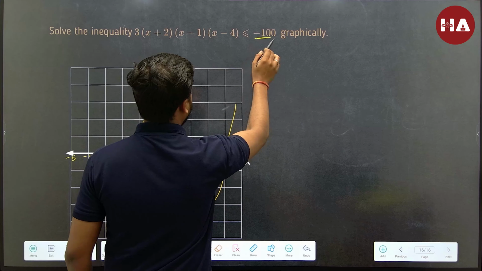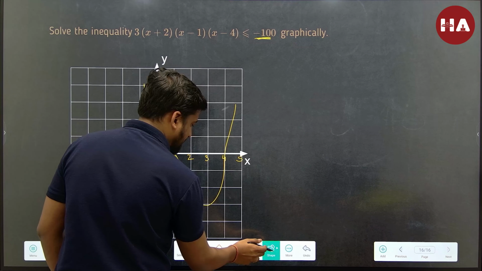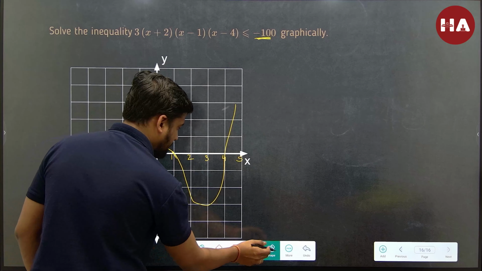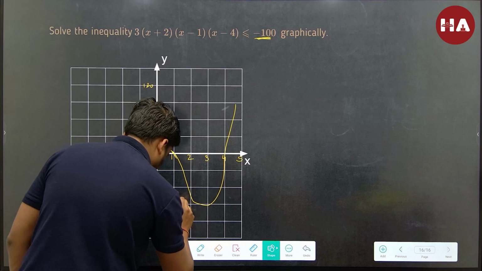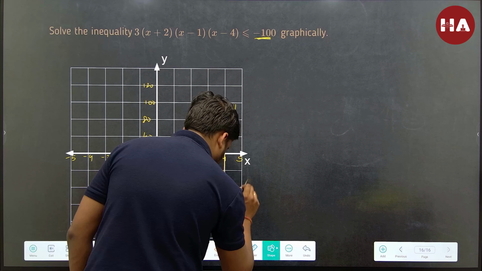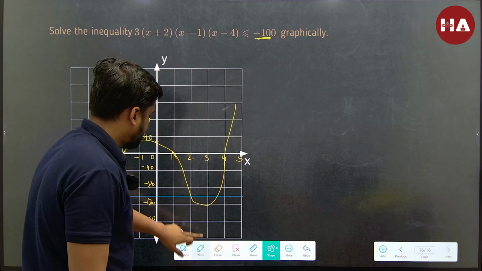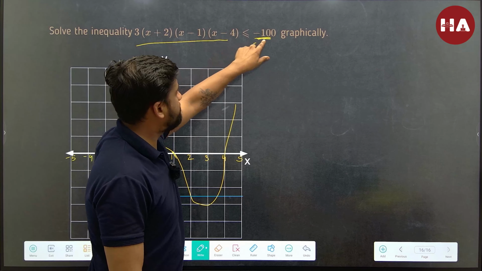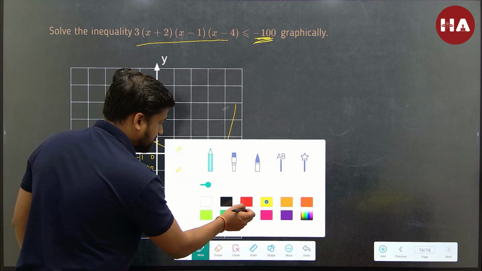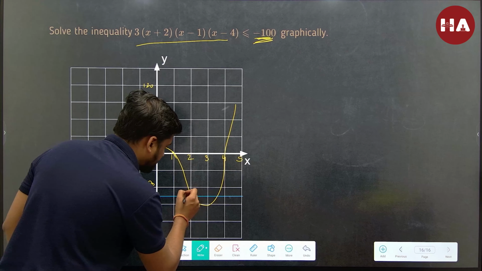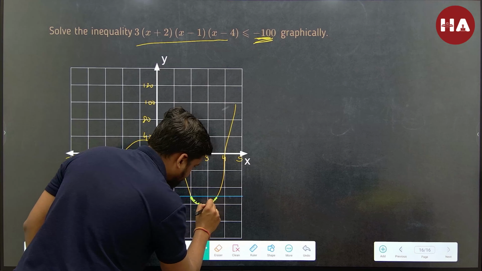So it should be less than -100. Now where is the line -100? It will be somewhere here. Right. So this graph should be less than -100. So it is very obvious that the question is asking me to find this region, right?